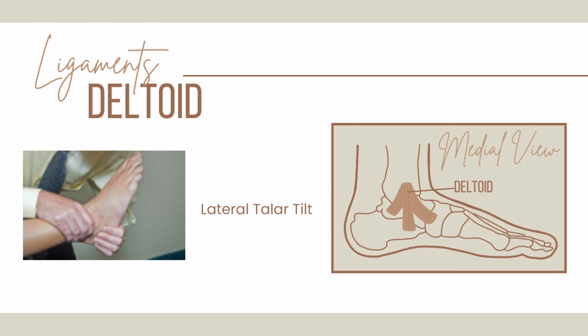So medial ankle sprains are typically due to eversion of the ankle, and therefore the special test will be a lateral talar tilt, where you are just administering medial to lateral force to the calcaneus into eversion, basically replicating the way that they injured the ankle. And the positive finding would be increased translation compared to the contralateral side.